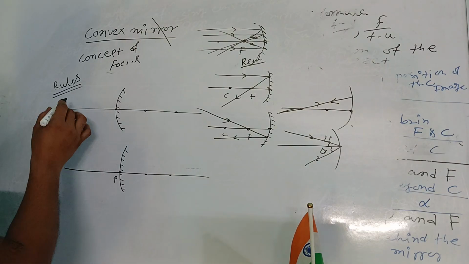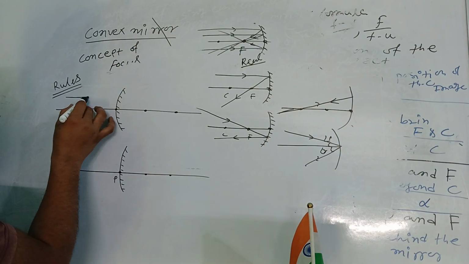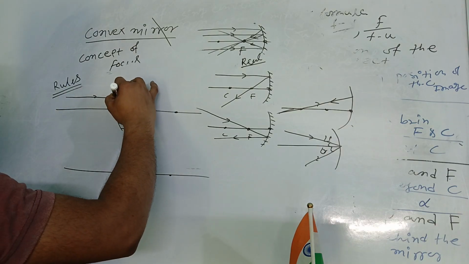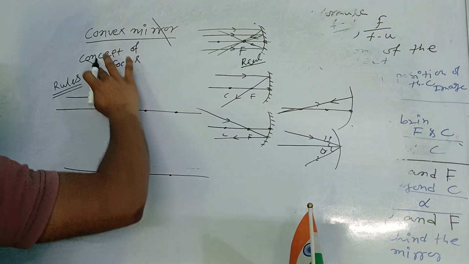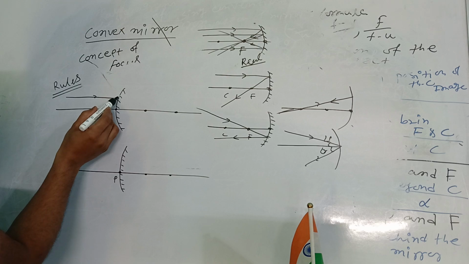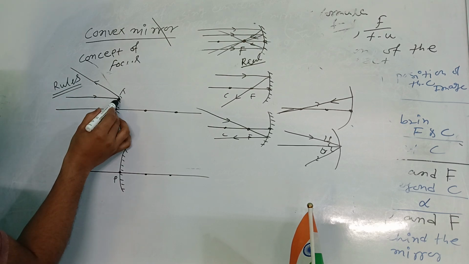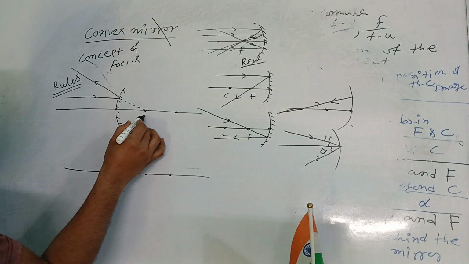So again, if the incident ray is parallel to the principal axis, after the reflection it appears to diverge from the focus.